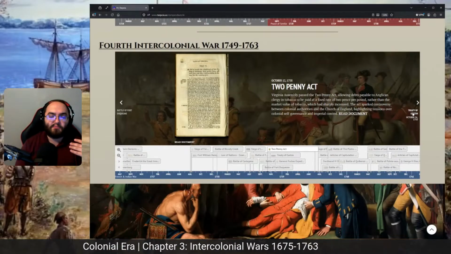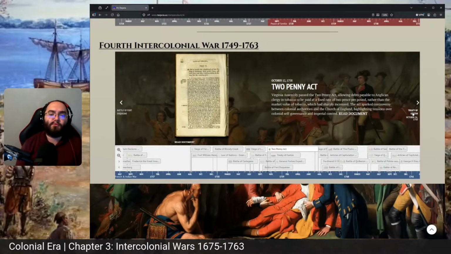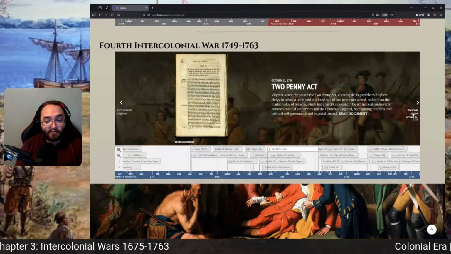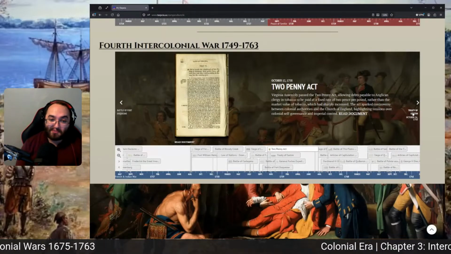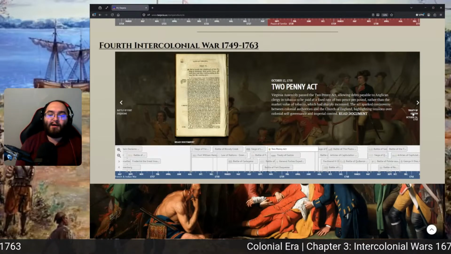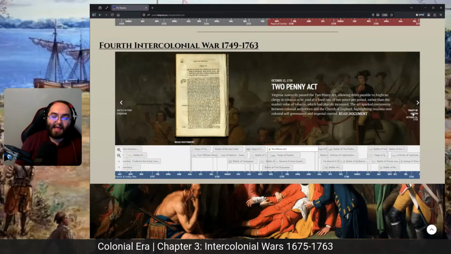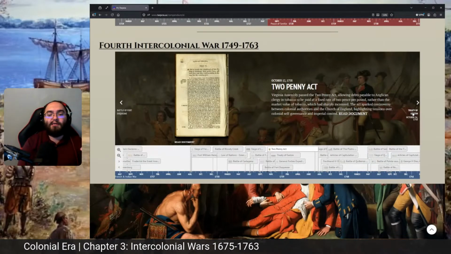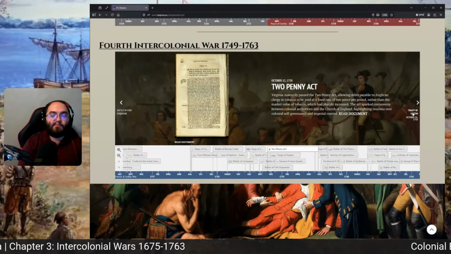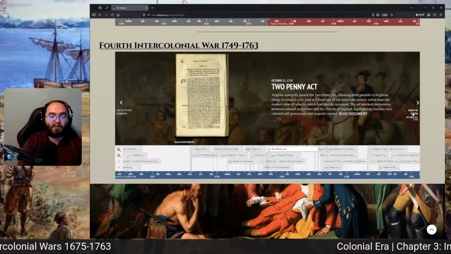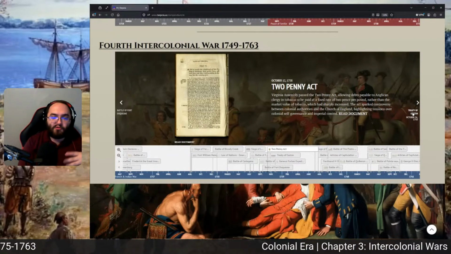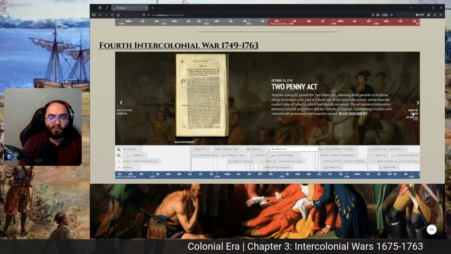This act sparked controversy between colonial authorities and the Church of England, which is run by the king, highlighting tensions over colonial self-governance and imperial control. So again, yet another example of the king and parliament not letting colonial affairs be solely colonial affairs.